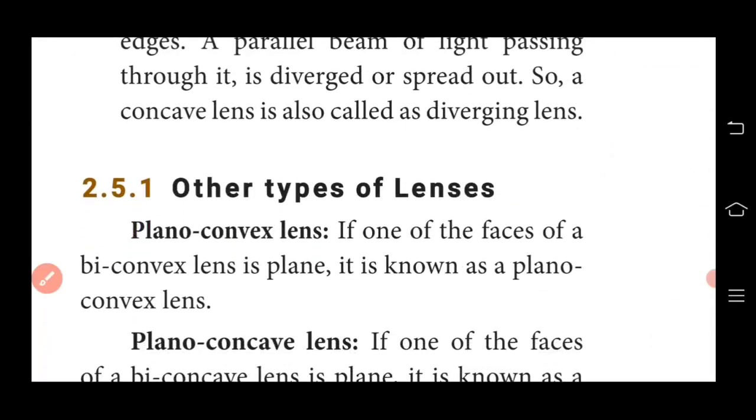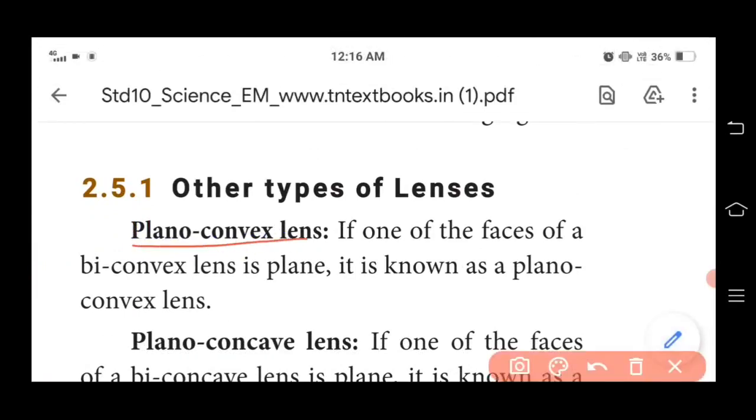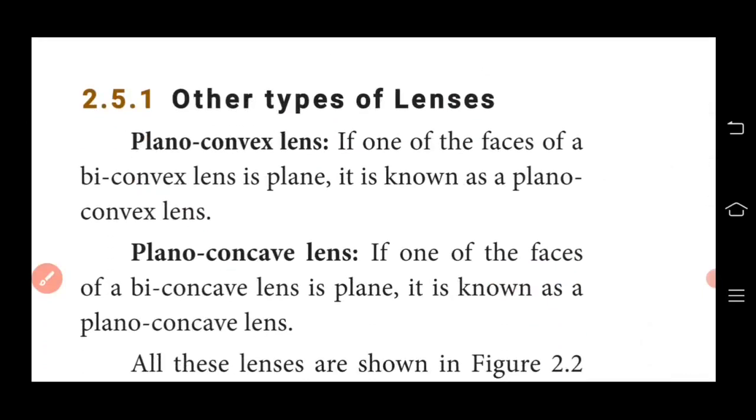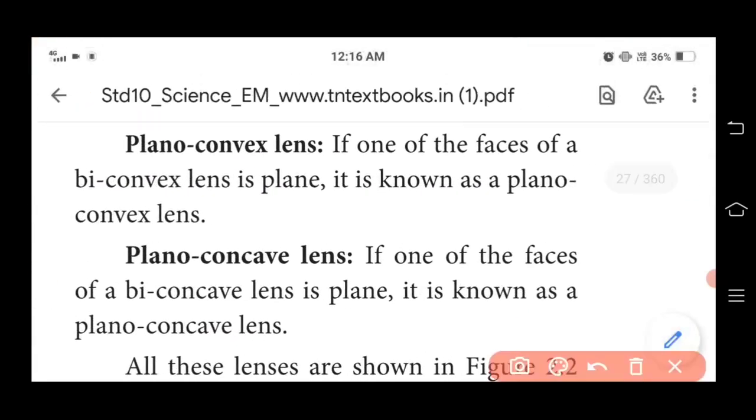And then other types of lenses: plano convex lens and plano concave lens. If one of the faces of a biconvex lens is plane, then it is known as a plano convex lens. And if one of the faces of a biconcave lens is plane, then it is known as a plano concave lens.